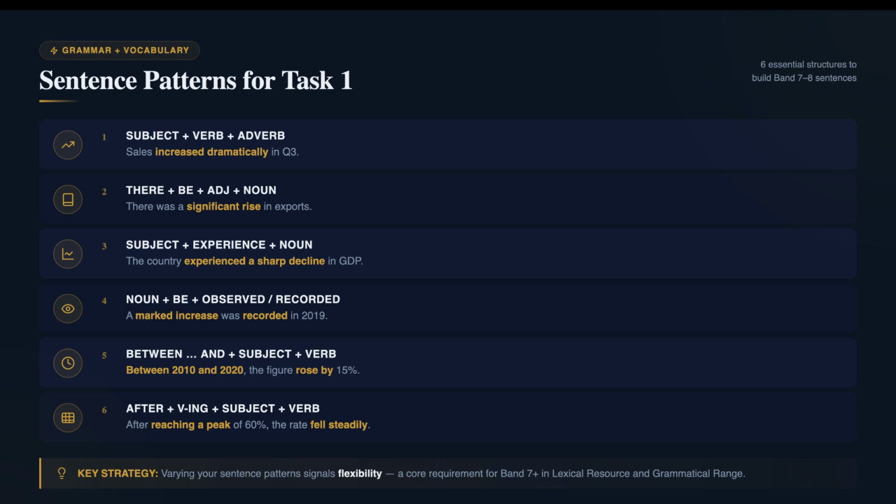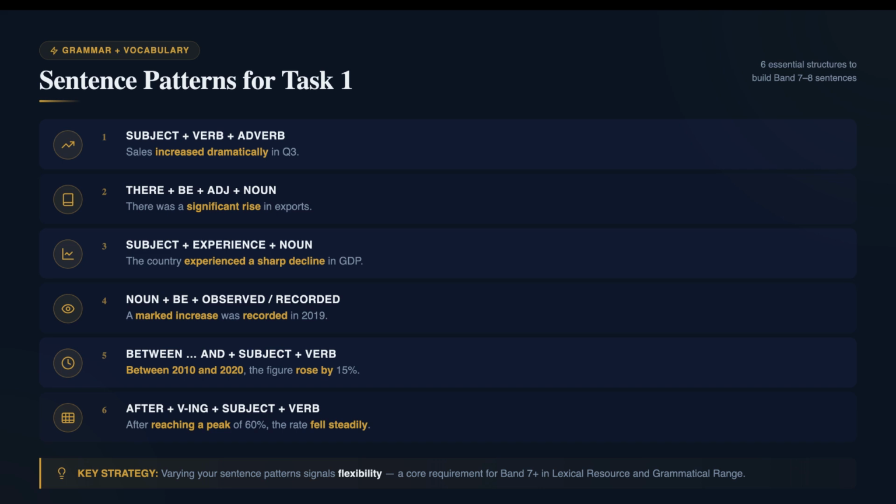So you see, between, then the year and another year. And then the figure is a noun, and it works as a subject. Rose is the past tense of rise, so that is a verb.